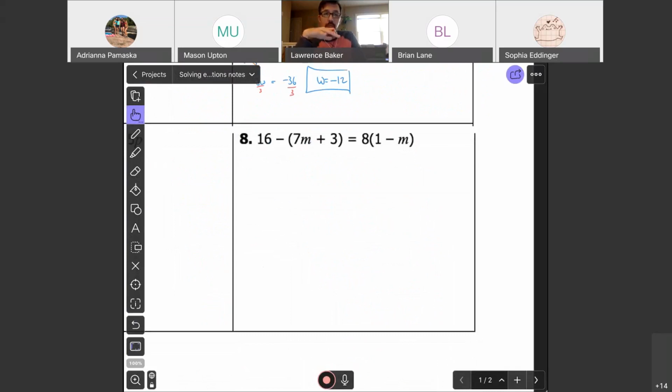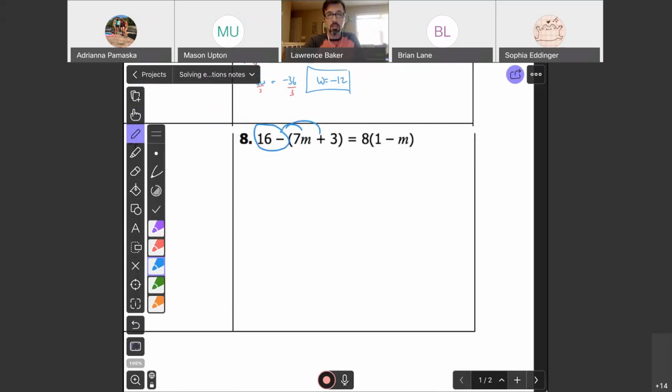So, with 8, we got some distribution to do, obviously. I think a pretty common mistake that I've seen with something like 8 is where students would try to take this and distribute it, and that's not okay. Distribution is a multiplication idea. Like when I say 8 times 1 and m, what's multiplying this is what's sitting right out in front of it, which is actually just a negative 1.